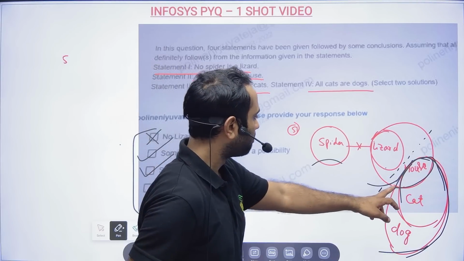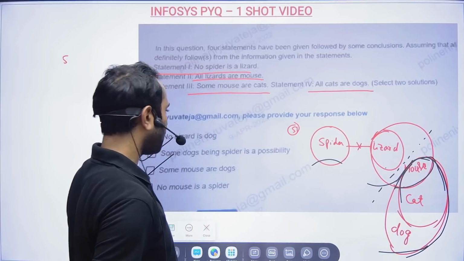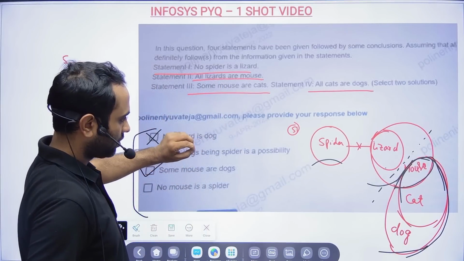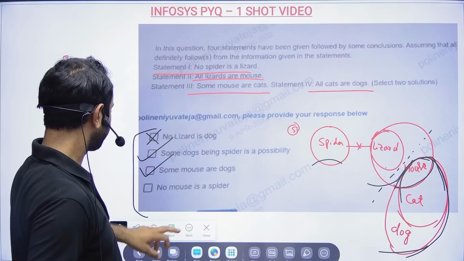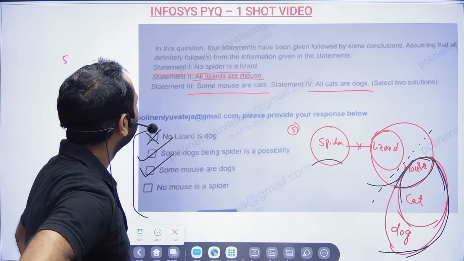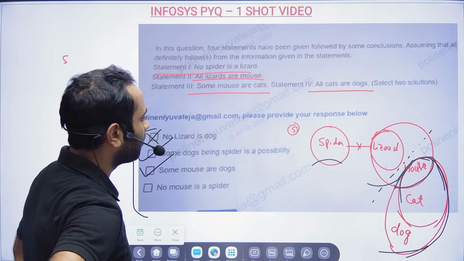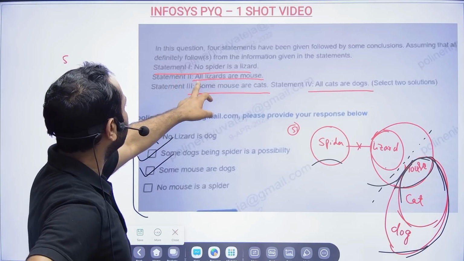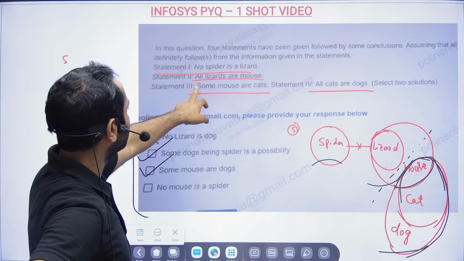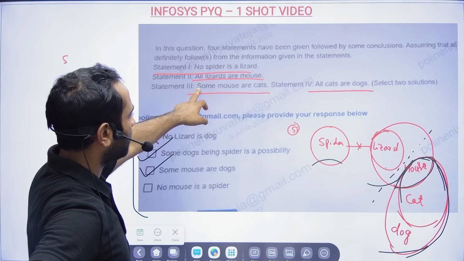No mouse is a spider. Some mouse are dogs. Is it correct? No spider is lizard. All lizards are mouse. Some mouse are cat.